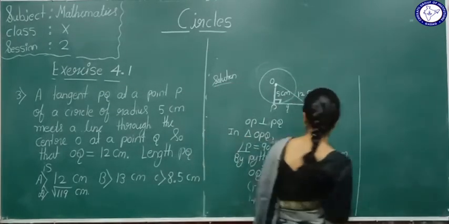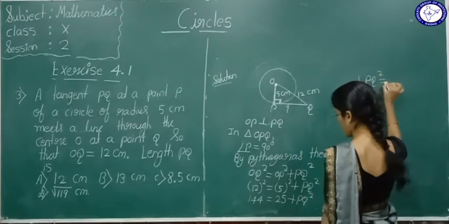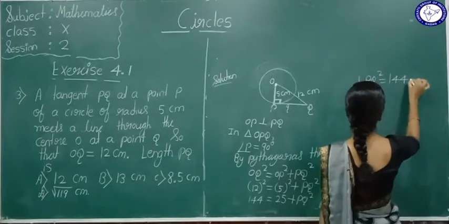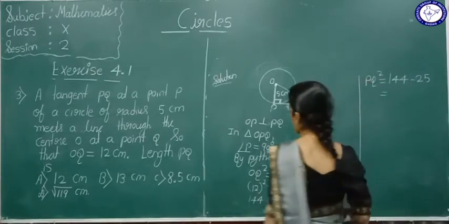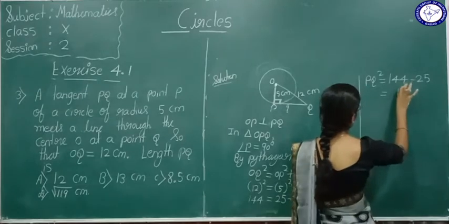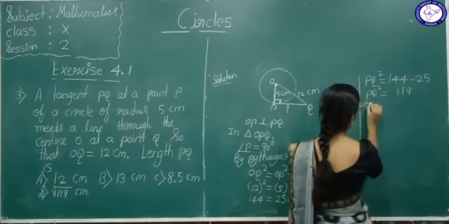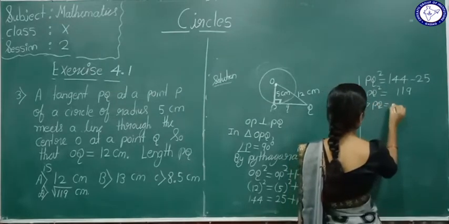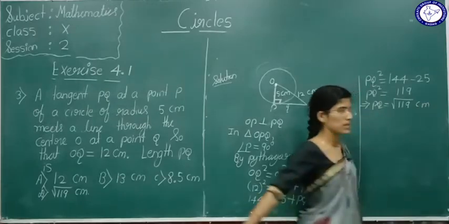So what can we write from here? PQ square is equal to 144 minus 25. What is 144 minus 25? It is nothing but 119. So this implies PQ is nothing but square root of 119 centimeter.